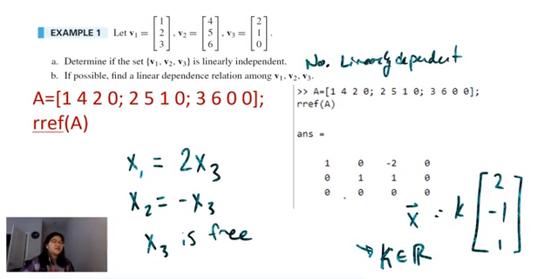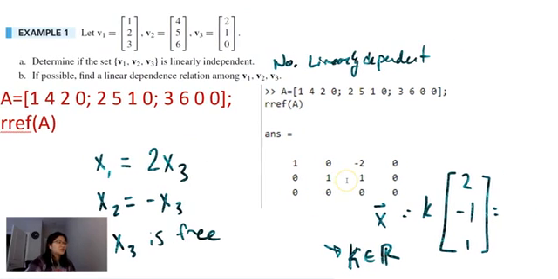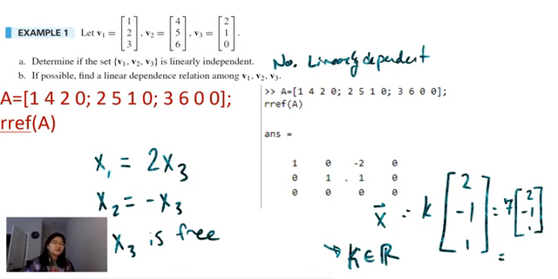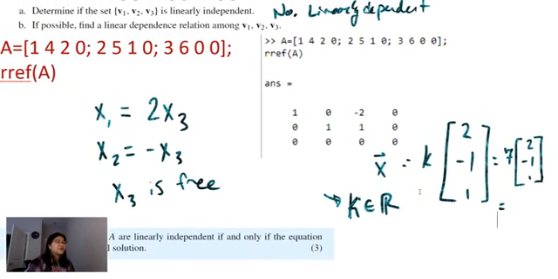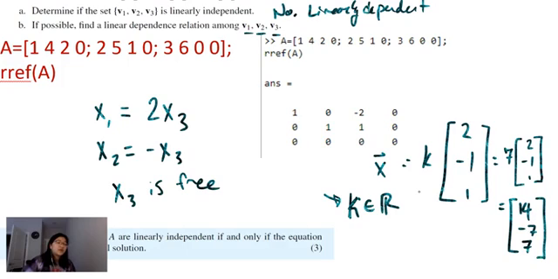So if k is 7, then our linear dependence relation is going to be, let me sneak this over, 7 times 2, negative 1, 1, and that gives us a linear dependence relation of 14, negative 7, and 7. So if we're weighting v1, v2, and v3 with these weights, then we have a linear dependence relation.